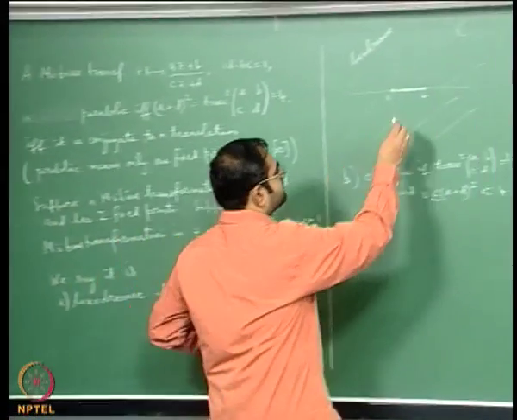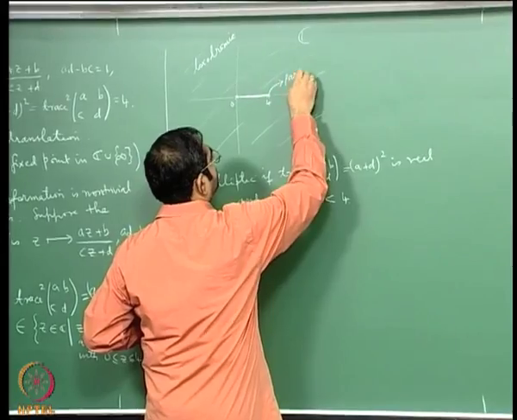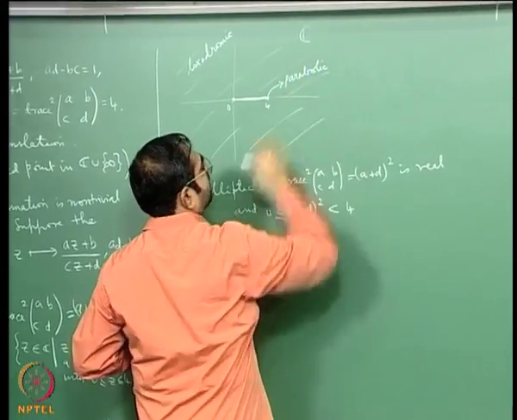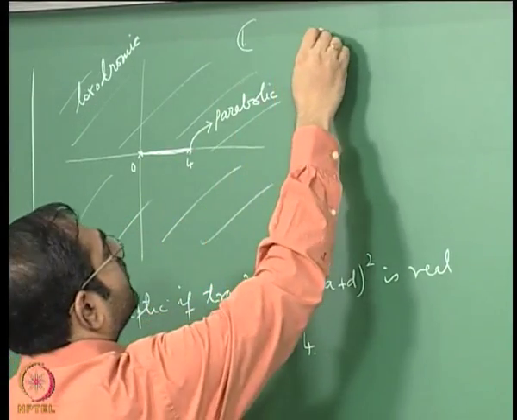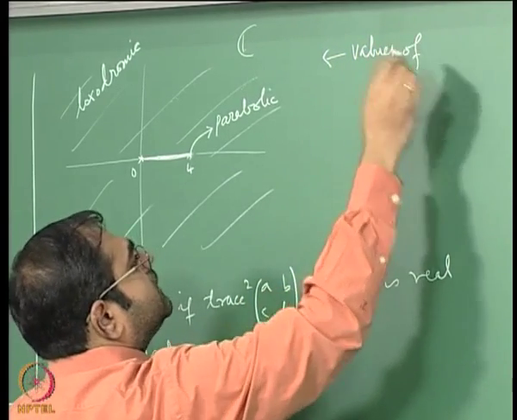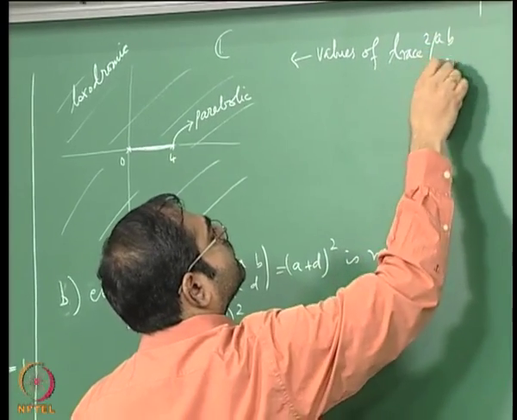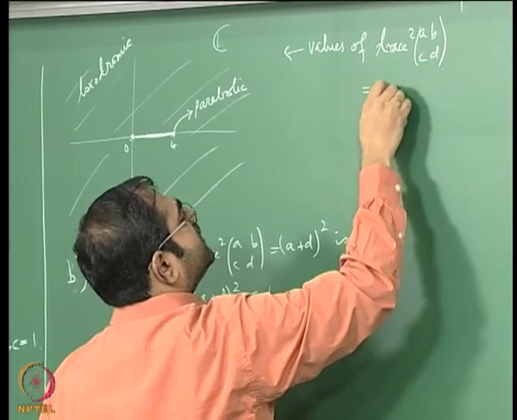So this point is parabolic. I'm looking at values of trace squared, which is (a + d) the whole square.